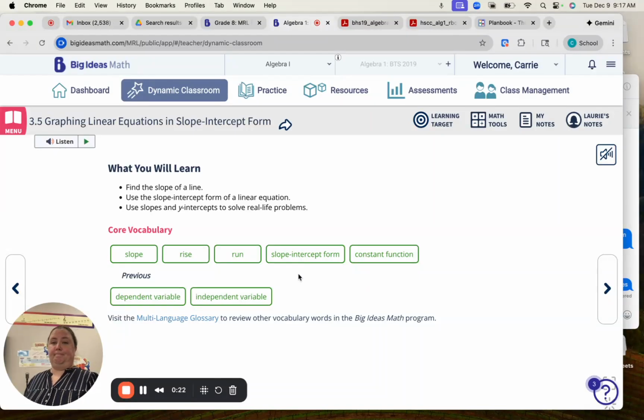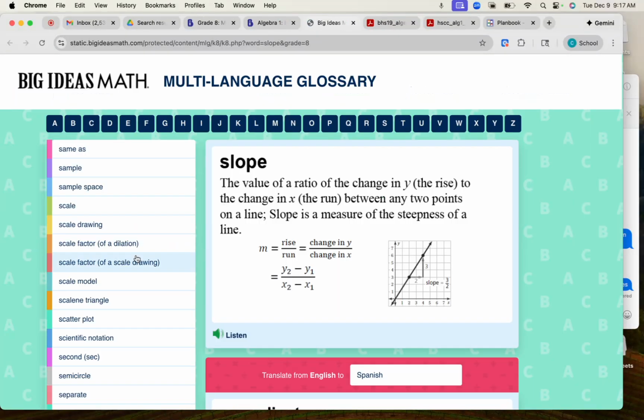The slope of a non-vertical line passing through 2 points, x1, y1 and x2, y2, is the ratio of the rise. Good. So long story short, you can find the slope by solving y2 minus y1 over x2 minus x1. You do recall all of that, correct? It should be in your journal somewhere.